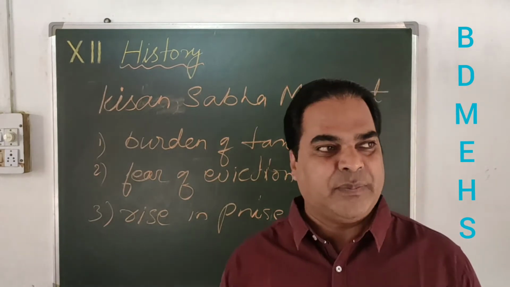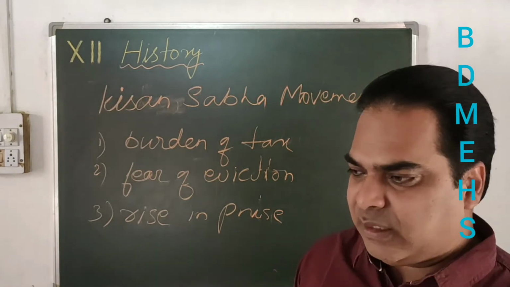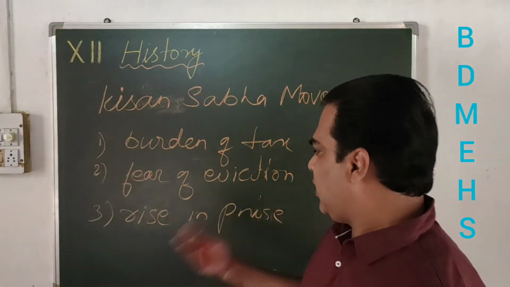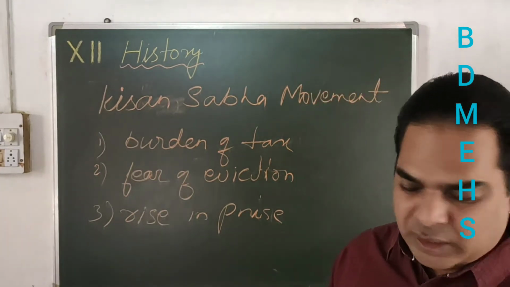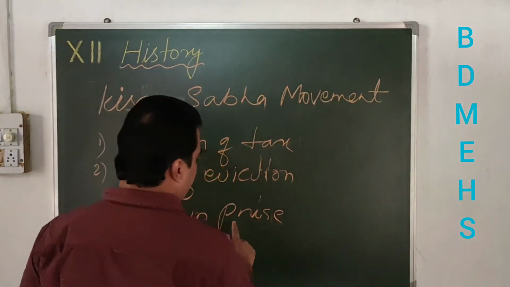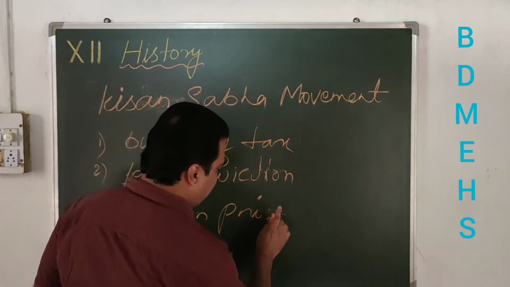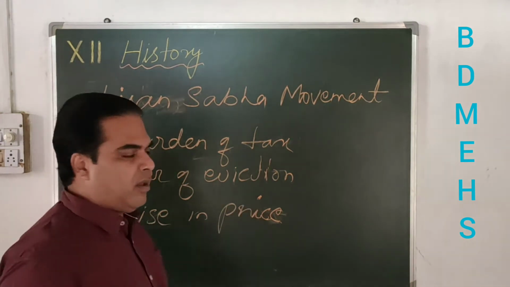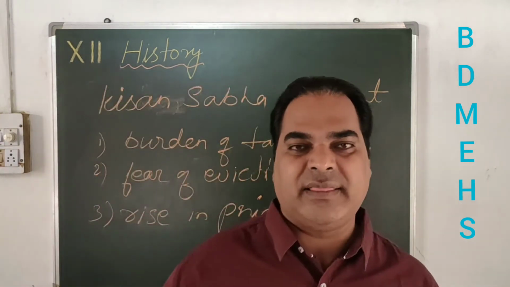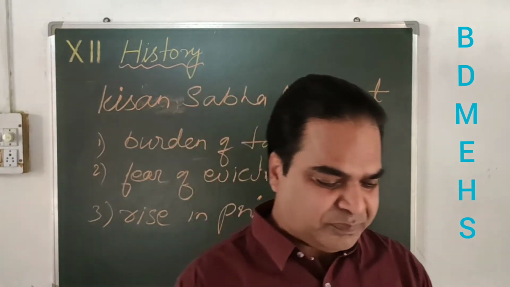So definitely there was a price rise of all the essential commodities, and due to the price rise, the condition of the workers also became worse. Price had gone high, and workers suffered a lot. So this is all about these things.